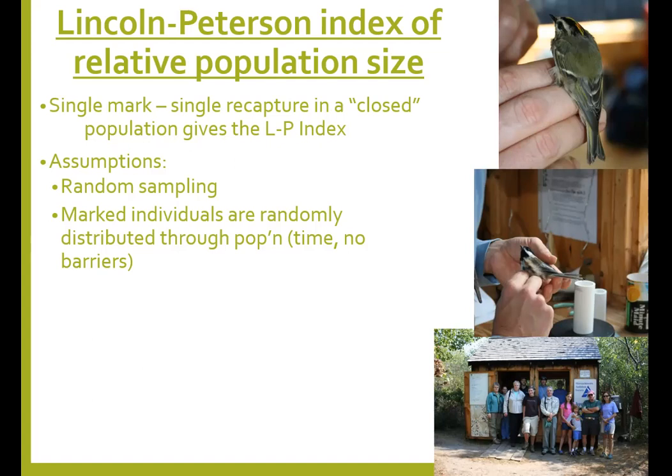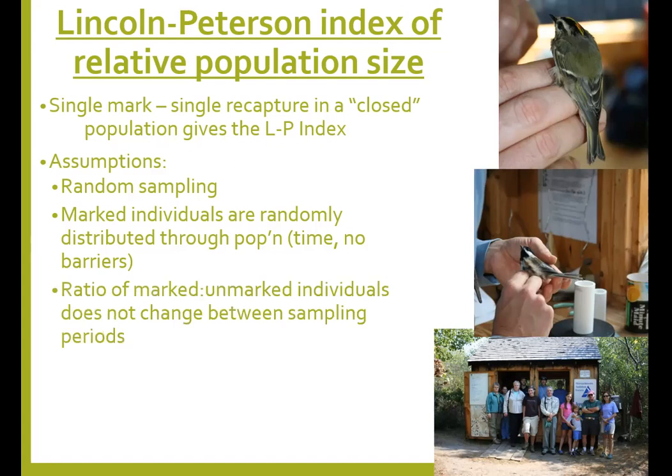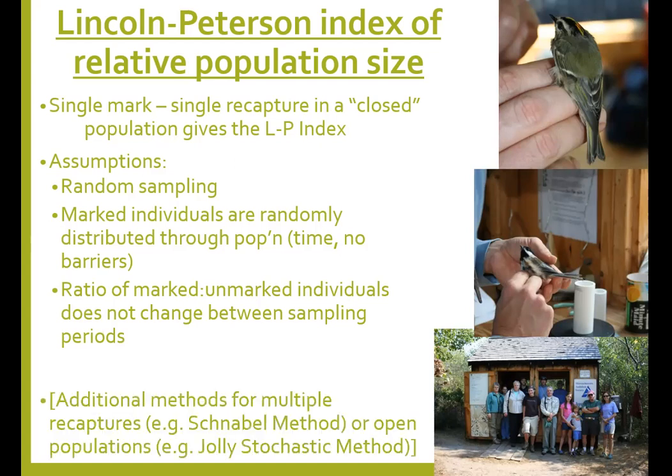So again, this assumption is really difficult to meet. The ratio of marked to unmarked individuals shouldn't change between sampling periods. Again, it's really hard to meet all of these assumptions. A single mark, single recapture is very rarely used dependably in the field, especially for birds.